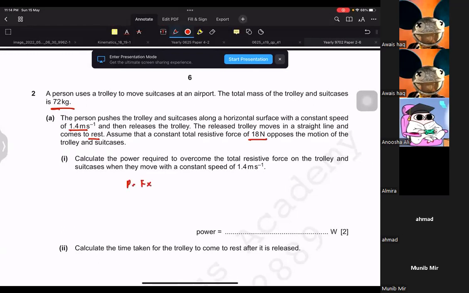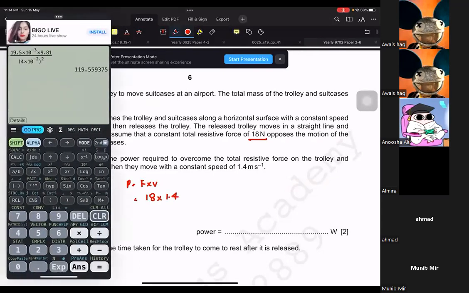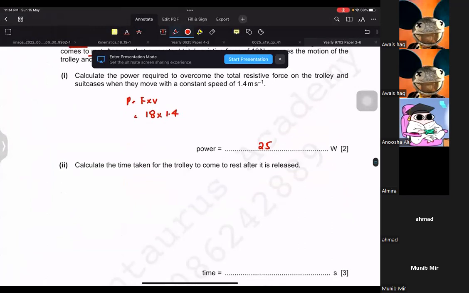Power is force times velocity. This force is 18 and the velocity is 1.4. Pretty straightforward. That's 25 watts.